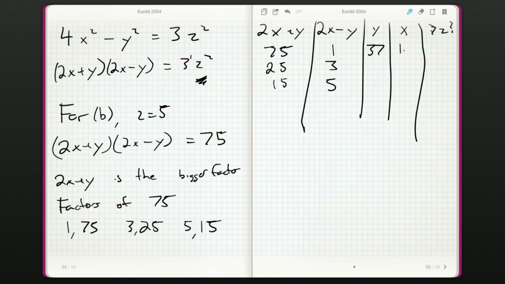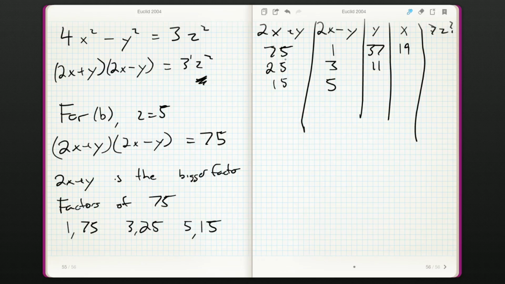38 divided by 2, that's a 19. 25 minus 3 is 22, and we get 11.